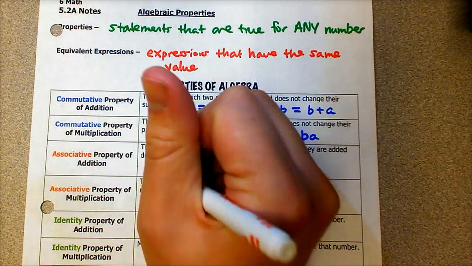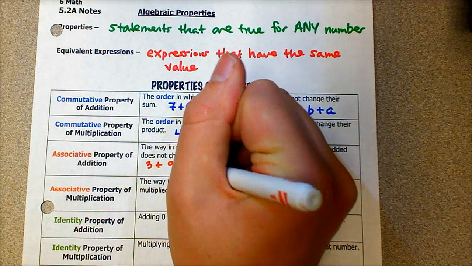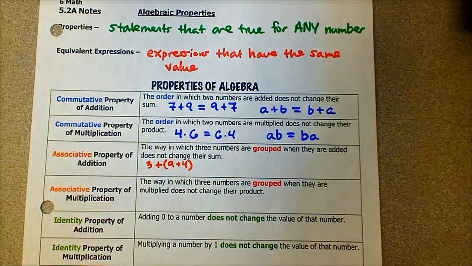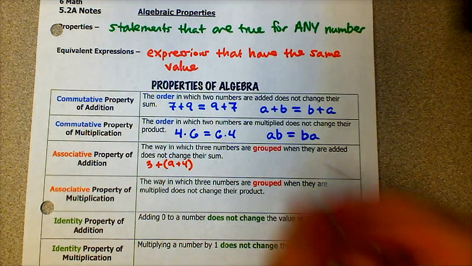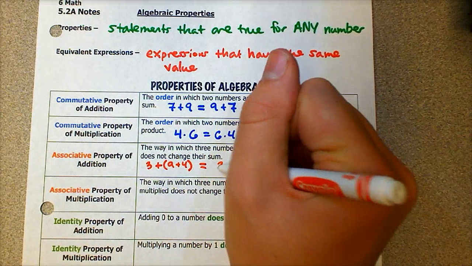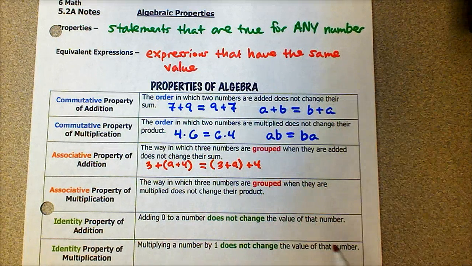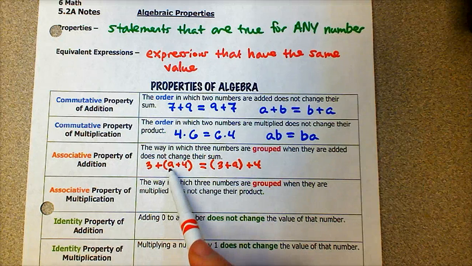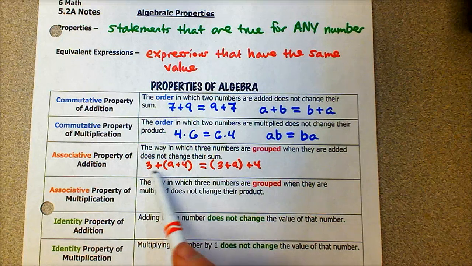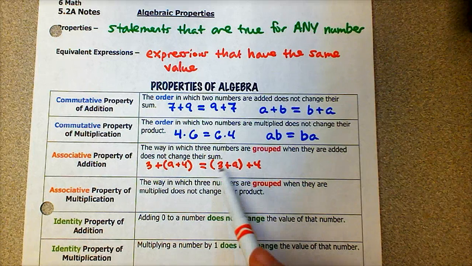For instance, if I took 3 plus the quantity 9 plus 4, grouping my 9 plus 4 together, that would give me the same sum as if I took the 3 plus 9, grouped them together, and then added 4. Based on order of operations, I would add 9 and 4 first to get 13, and then 13 plus 3 would be 16. Here I would do 3 plus 9 first, 12, and 12 plus 4 is still 16. So the groupings don't matter.